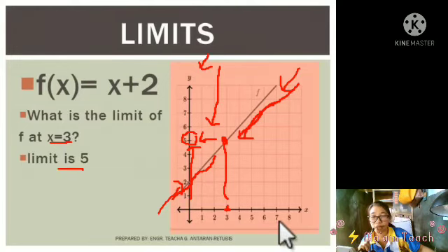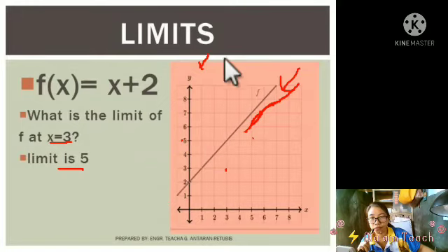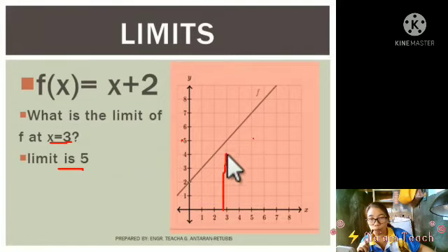So based on this, class, even if we approach 3 from the top, let's say we start at 8 here, or you start here at the bottom, still your y is approaching 5.